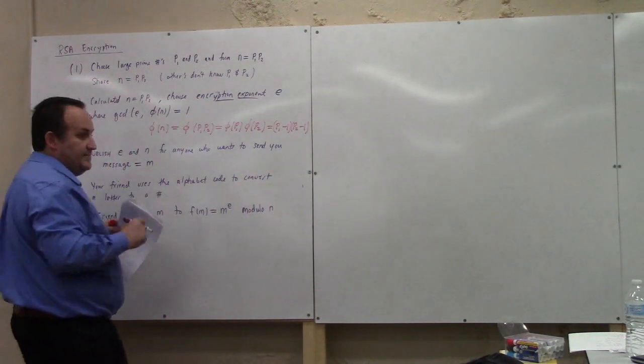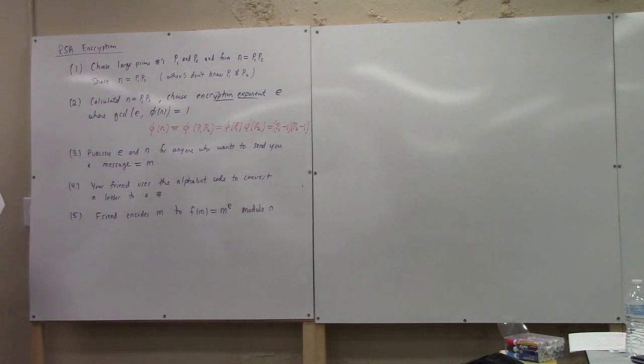Modulo that huge N. And then he just shares it. He just tells the world. It doesn't matter if it gets intercepted. So they communicate f of m, which is m to the power e, to you.